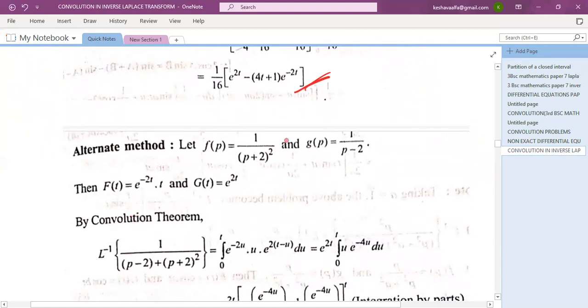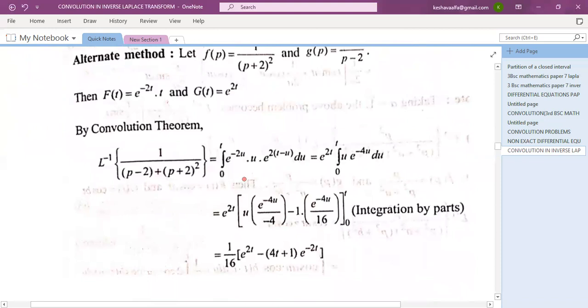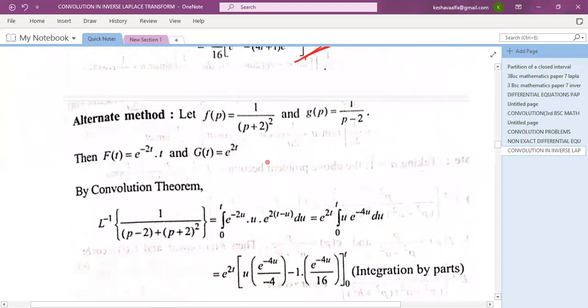So the alternative method is, let f of p is 1 by p plus 2 whole square and g of p is p minus 2. Then L inverse of f of p is 1 by p plus 2 whole square, that is, applying first shifting theorem, we get e power minus 2t, and g of t is e power 2t. So using convolution theorem, we get e power minus 2u and e power 2 into t minus u du.